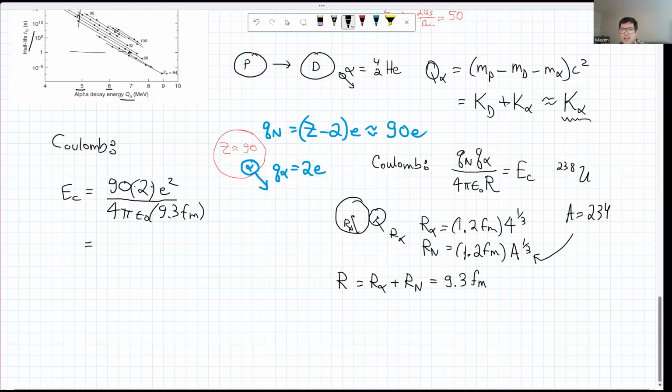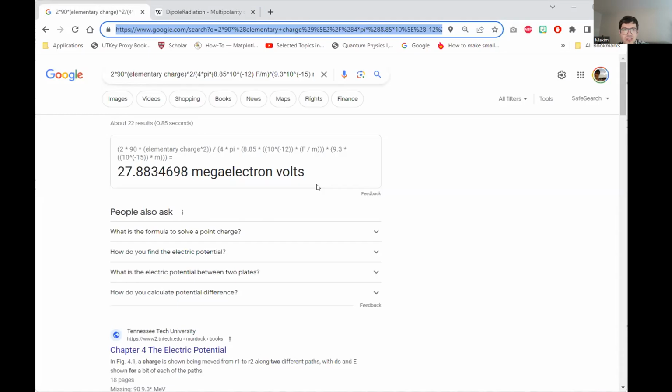I like using Google for this, although you usually have to remember what epsilon naught is, because Google doesn't know that. But Google is pretty good at units. I'd avoid things like ChatGPT, because there's some danger it'll do it wrong. This is just a calculator.